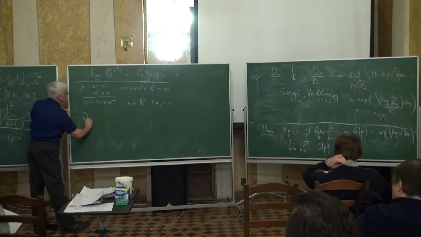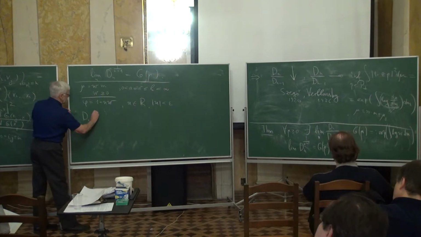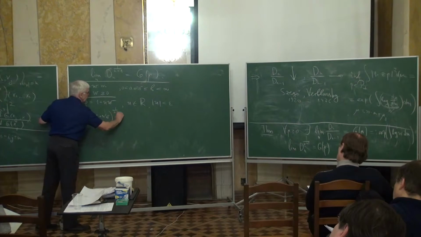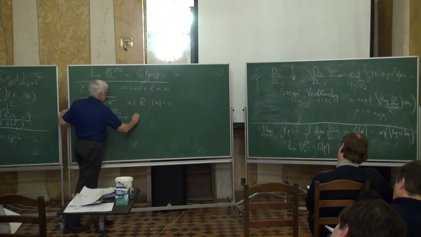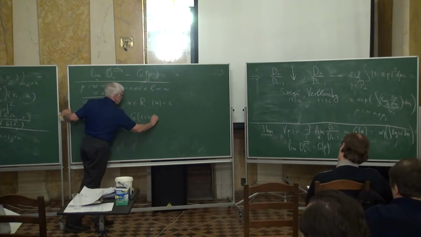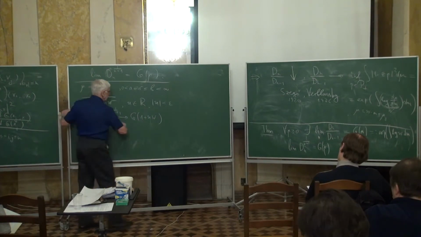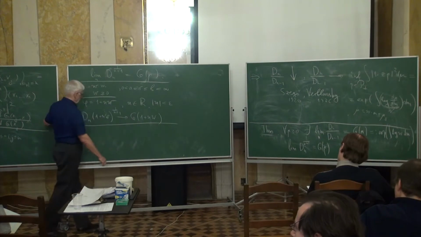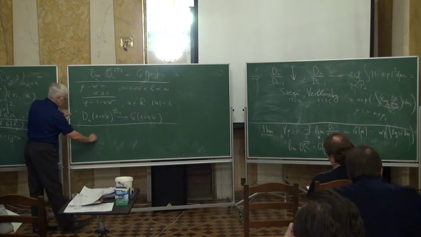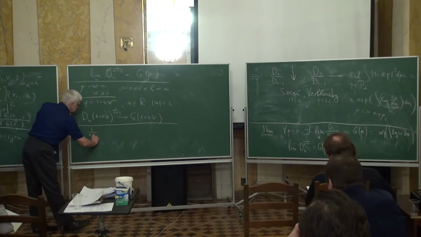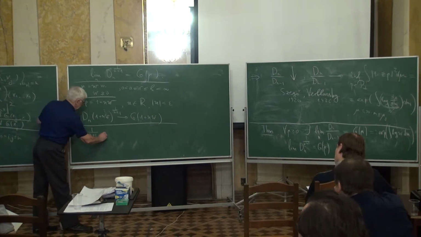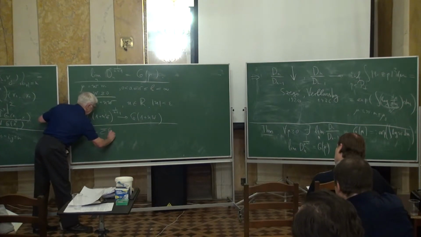So we obtain that dn of 1 plus uw to the power 1 over n plus 1 tends to g of 1 plus uw. How can we rewrite it? We can rewrite the arithmetic mean by taking the logarithm.